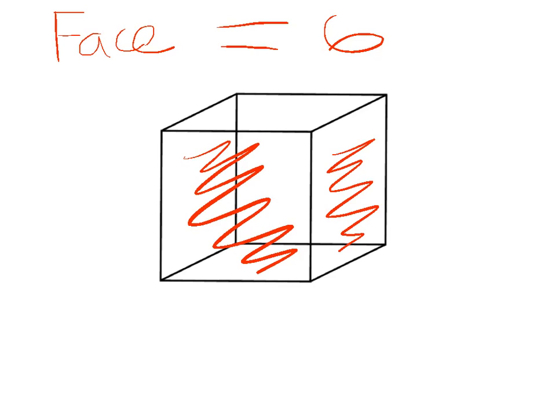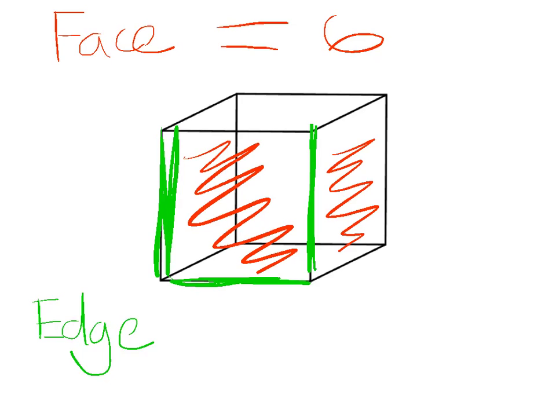Now if I look at the next one, where 2 faces meet together, that's actually what we call an edge. So this is an edge here, where 2 faces meet together. Another example was here. So we're looking for an edge, where 2 faces meet together.